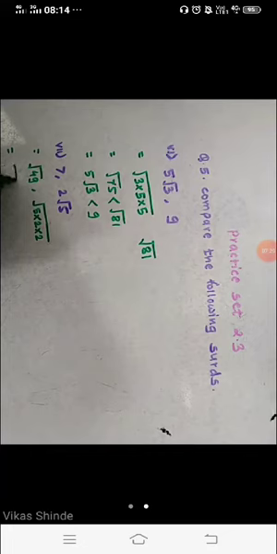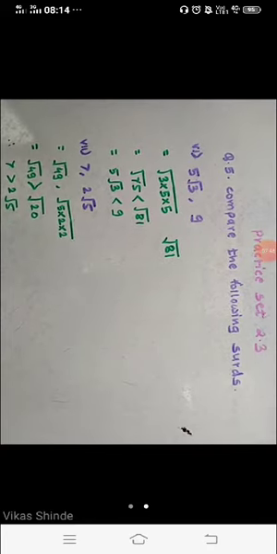So right now here 49, and next one 5 2s are 10 and 10 2s are 20 here. If you look here, the first one is greater, so that's why we have to write 7 is greater than 2 under root of 5 here.